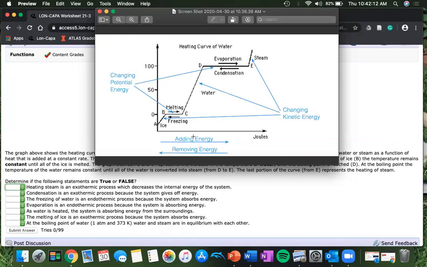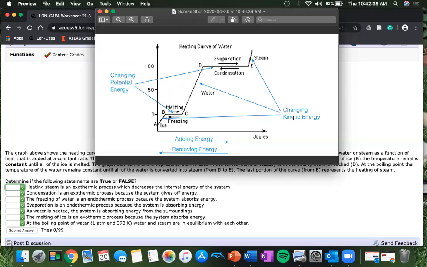So we can't say that there's no change in energy. If there's no change in kinetic energy, then there's a change in potential energy. So when we change the phase of something, we're changing the potential energy. If we melt or evaporate something, we increase the potential energy. And if we condense or freeze something, we decrease the potential energy.